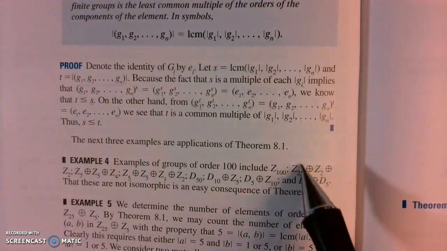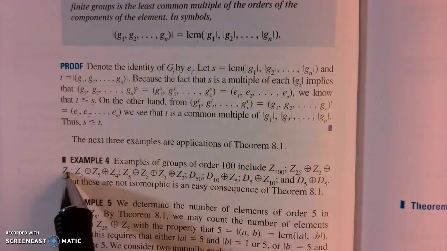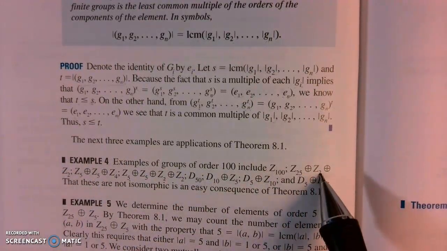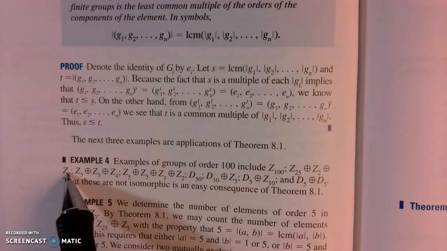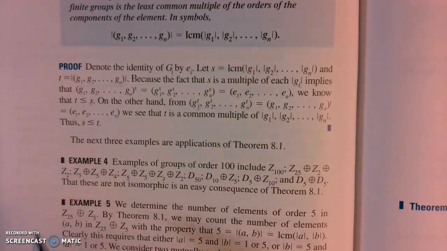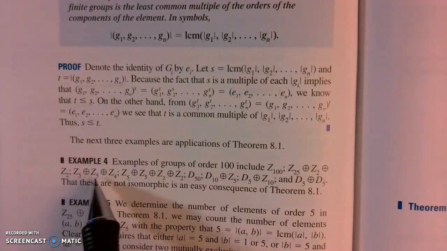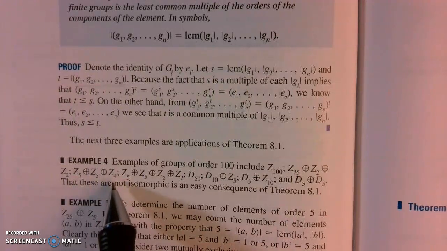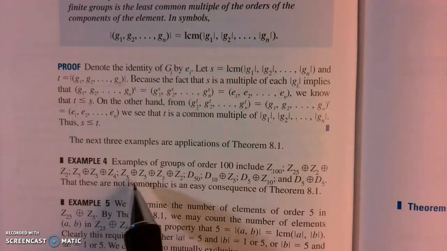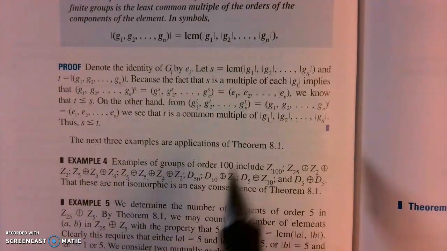So Z25 has 25 elements, Z2 has 2 elements, 25 times 2 times 2 is 100, and Z100 is also a group of order 100. 5 times 5 times 4 is also 100. 5 times 5 times 2 times 2 is 100.